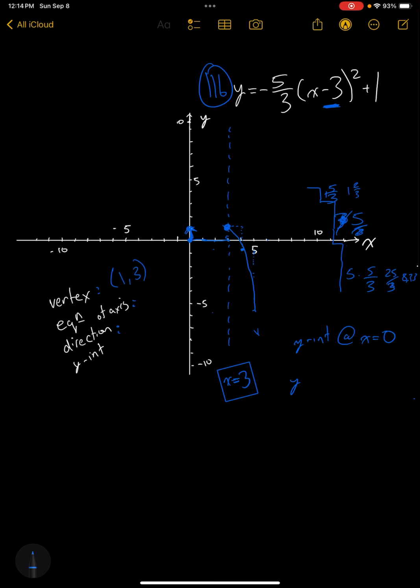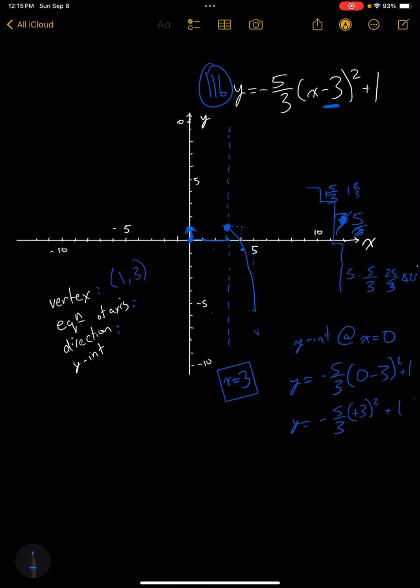So you just substitute it. y equals negative 5/3 times (0 minus 3) squared plus 1.